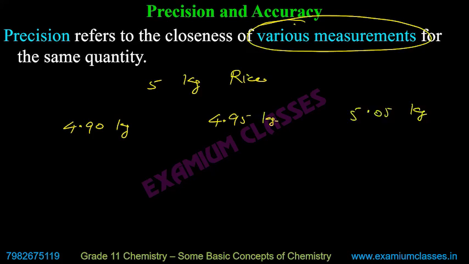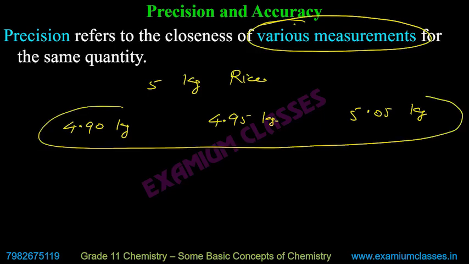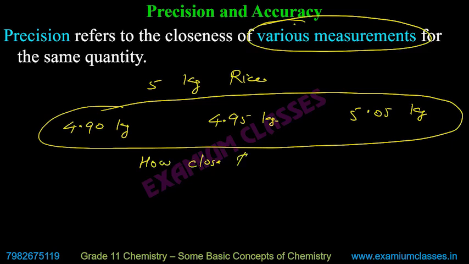When we say precision, precision is only amongst these readings. 5 kg is the actual value, but the measurements are 4.90, 4.95, 5.05. So precision will tell us how close the measurements are to one another, within themselves.